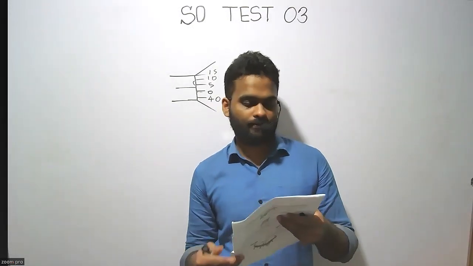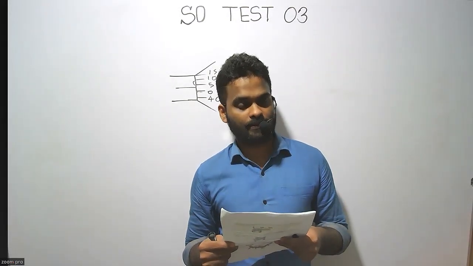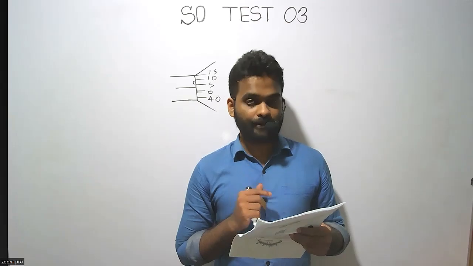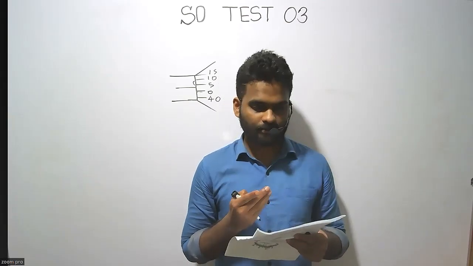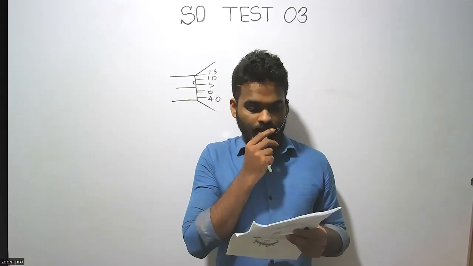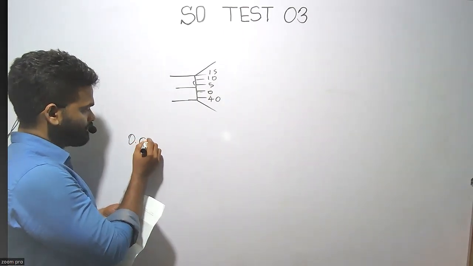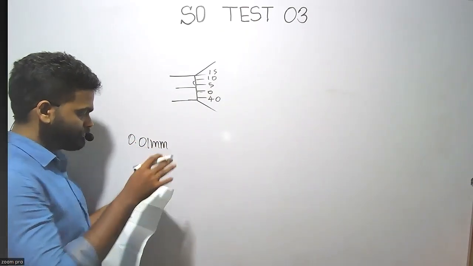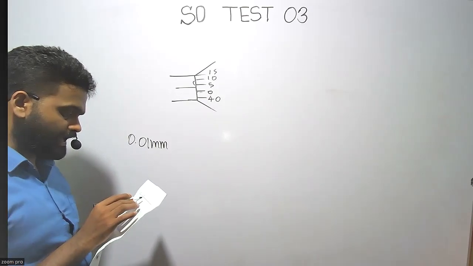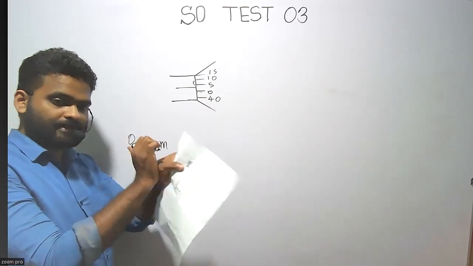Right, 14th question. A screw gauge. Actually, this is a micrometer screw gauge, right? It has a least count of 0.01 millimeters. Shown when the anvil face touches the spindle face. Remember those?